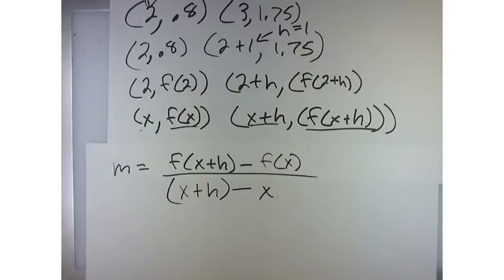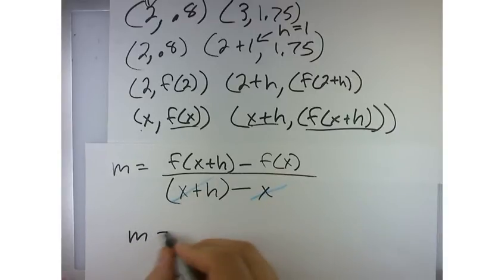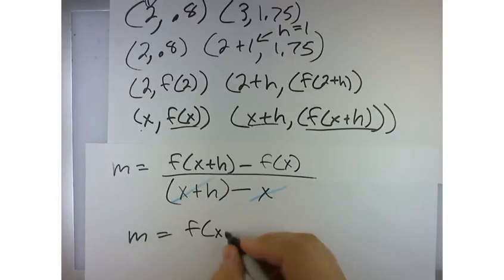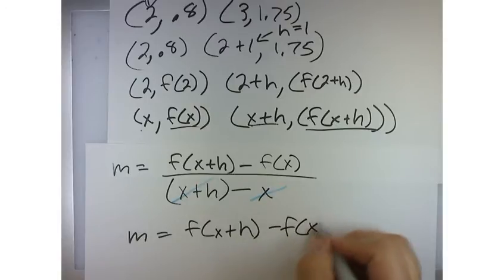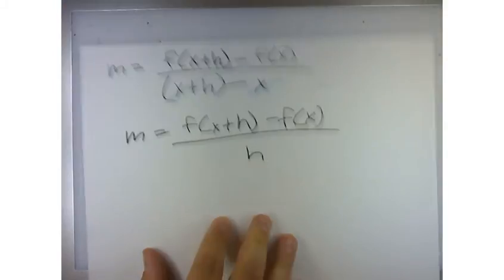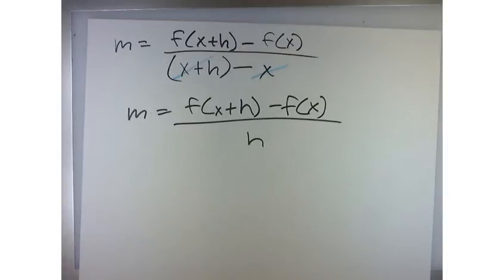And as you guys already figured out, and we went over this yesterday, the x's cancel. So what we're really saying, and this is all based on no numbers, just variables, is that my slope at any instant in time is f of x plus h minus f of x all over h. But now I can choose h to be anything I want it to be, right?